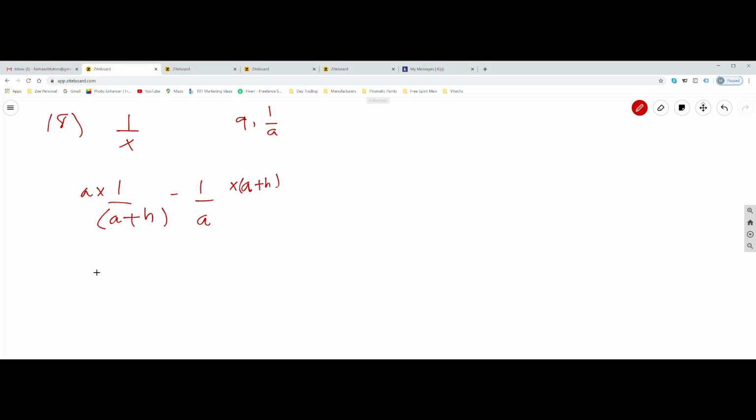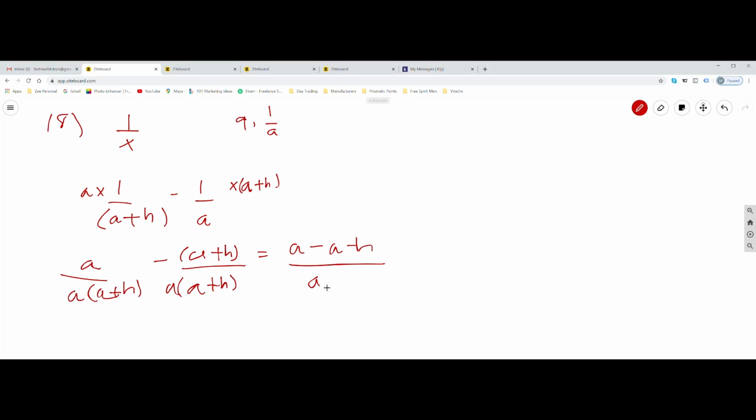So what it becomes is a over a plus h times a, minus a plus h over a plus h times a, equals a minus a minus h over a times a plus h.